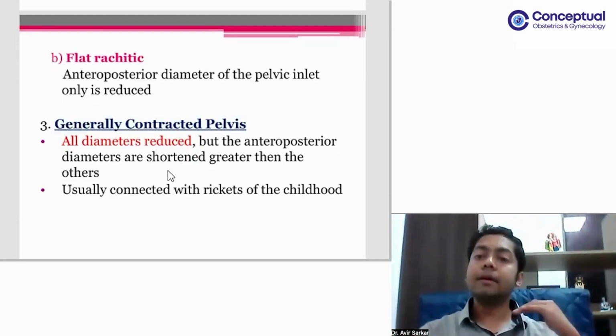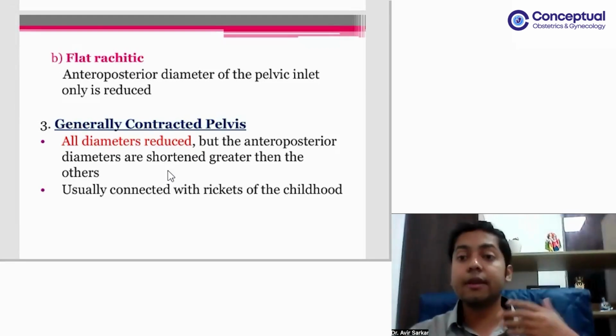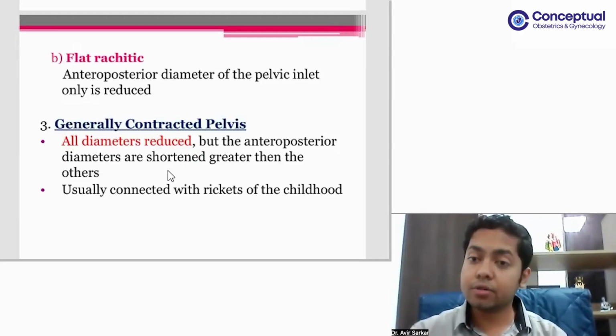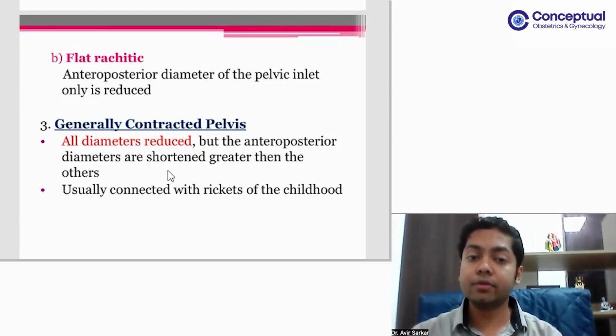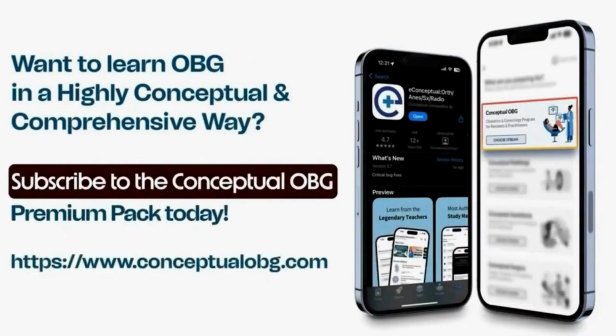Be it only anteroposterior diameter reduced or anteroposterior plus transverse diameter reduced, that is just a minor difference in type of pelvis. All these things will lead to a contracted pelvis. So basically your anteroposterior diameter reduction will lead to a contracted pelvis. Okay.